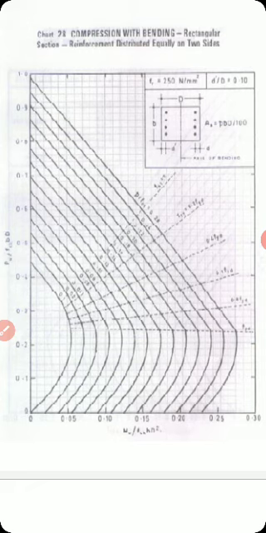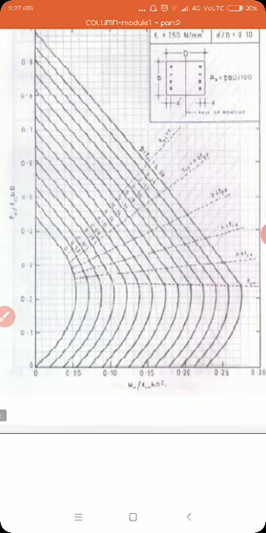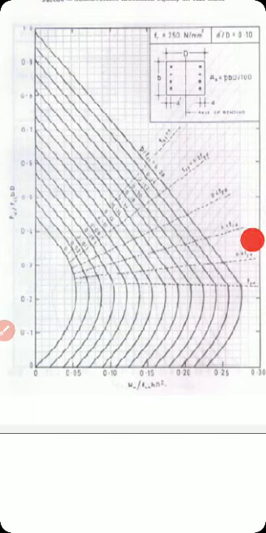By knowing the value of Pu by fck bD and p by fck, we can interpolate to the x-axis and find out the value of Mu by fck bD square. All the values, fck, b and D, are known. So by knowing the value of Mu by fck bD square, we can find out the value of Mu.